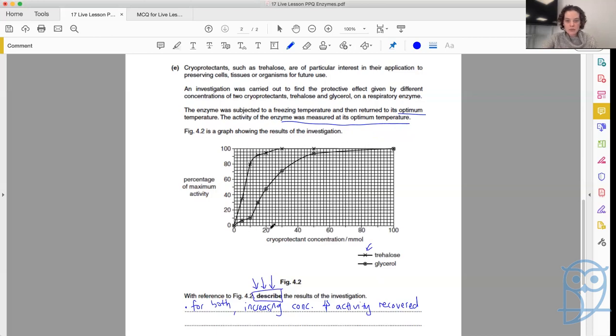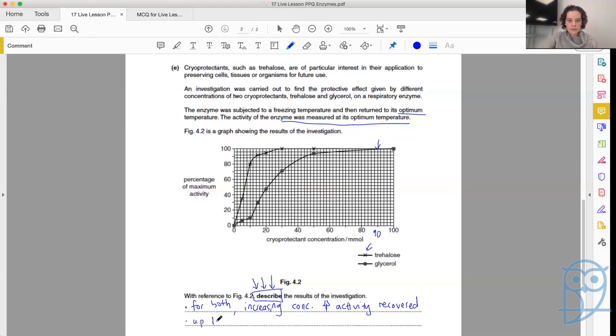But where do they come together? Okay, so they come together about here. So what is that point? That is 90. So up to 90 millimoles, trehalose is more effective than glycerol.